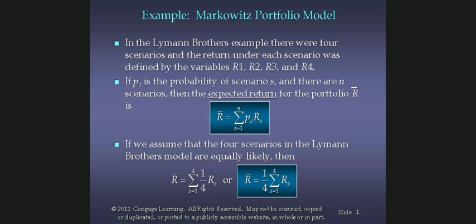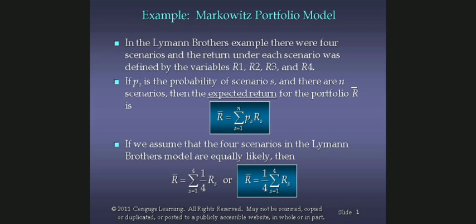If P sub S is the probability of scenario S and there are n scenarios, then the expected return for the portfolio, mean of R, is equal to the summation over n, where S is equal to 1, of P sub S times R sub S.